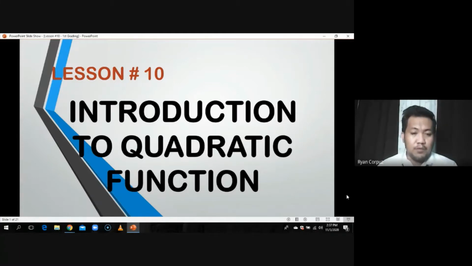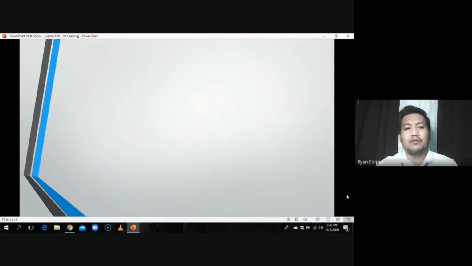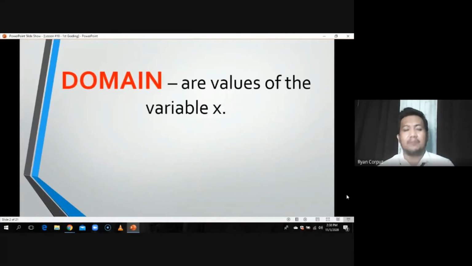Before we proceed to our topic for today, let us first recall your lesson about function during your grade 8, because there are things there that we can use in order for us to understand what we call quadratic function. So what are those things? Unahin natin yung tinatawag na domain.